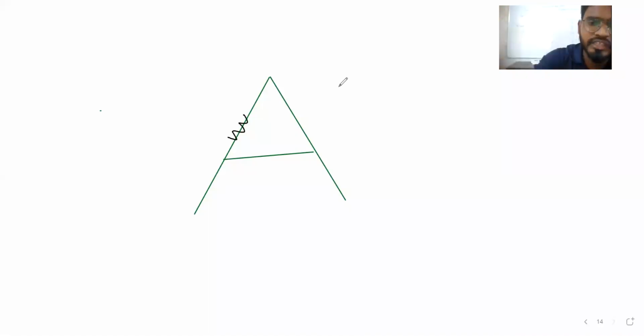There is one resistor, there is one resistor, there is also one resistor, there is also one resistor.